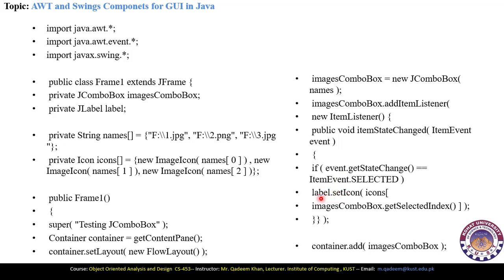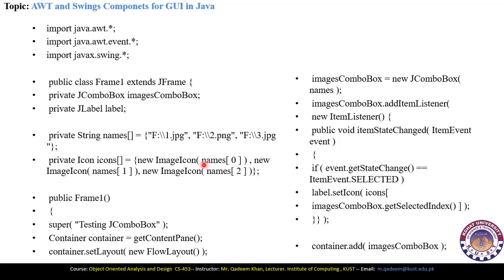label.setIcon. Here we have just declared the label. Now here we are instantiating or defining label.setIcon. Then the icon takes the combo box index here. So imageComboBox.getSelectedIndex, which is in fact the reference, meaning which reference has been clicked, then this reference will be called here, and it will set the icon.